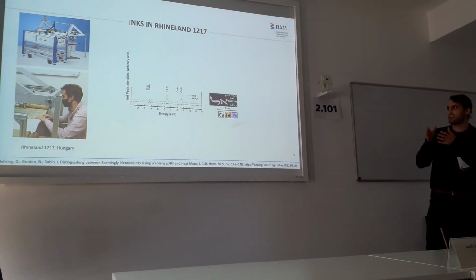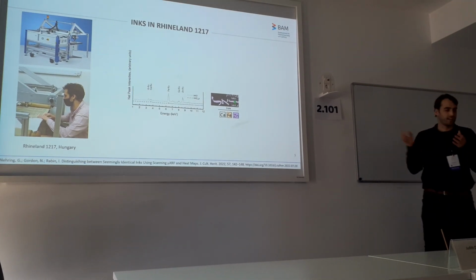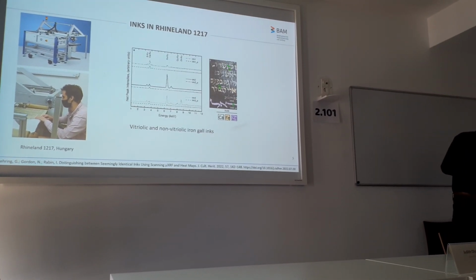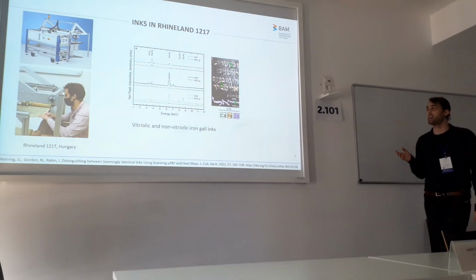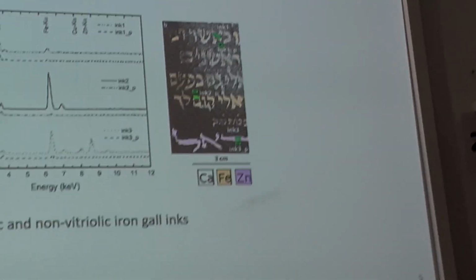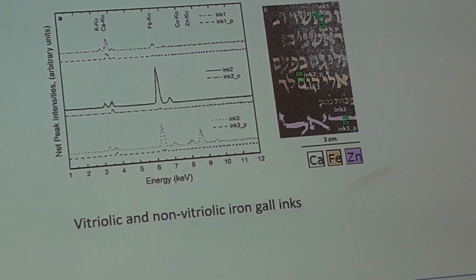And we see an example of vitriolic iron gold ink with zinc and some copper in it, a typical iron gold ink. Comparison of those is simple. However, when we look at non-vitriolic inks, which we found in this manuscript, it becomes problematic. We cannot really look at ratios of elements as those just contain iron.